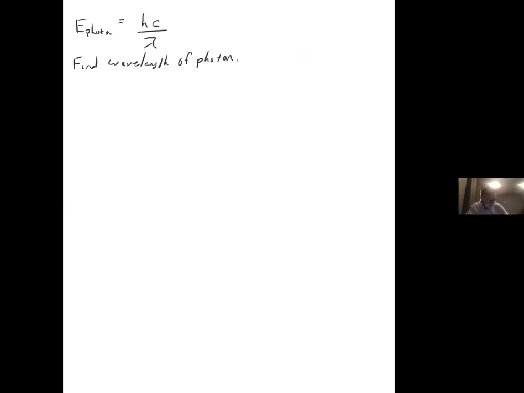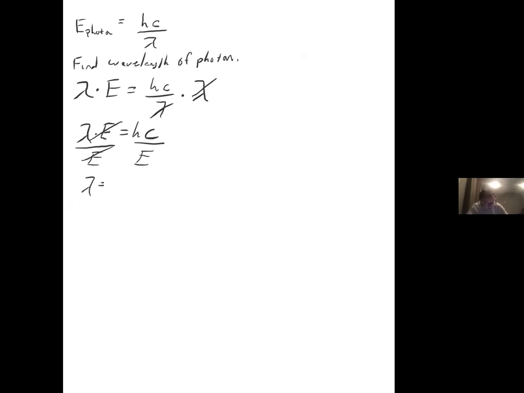Let's do the arithmetic. If we take E equals hc over lambda, and we want to find lambda, one way would be to multiply both sides by lambda, because lambda over lambda is 1. So now we have lambda times E equals hc. The next step would be to divide both sides by E. And now you have lambda equals hc over E. Okay, so there's our relationship between wavelength and energy.